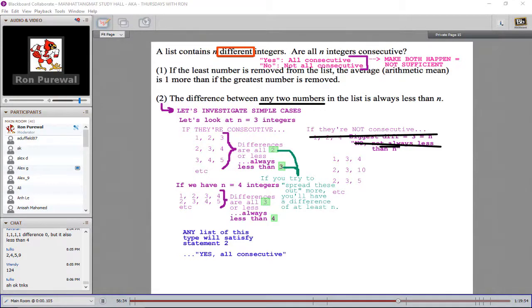Same sort of thing with this, and same sort of thing with any size subset. So you're not going to be able to do this. This set has a difference of 3, this set has a difference of 3, this set has a difference of 8. You can't make a set like this that satisfies statement 2. So if you try, it's not going to work.